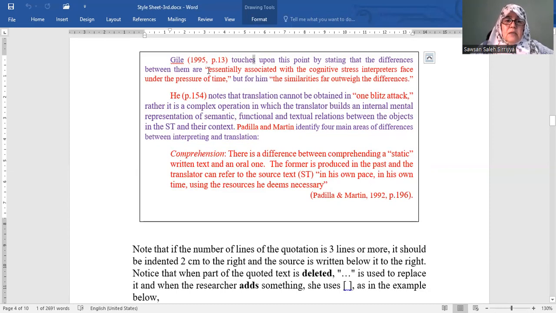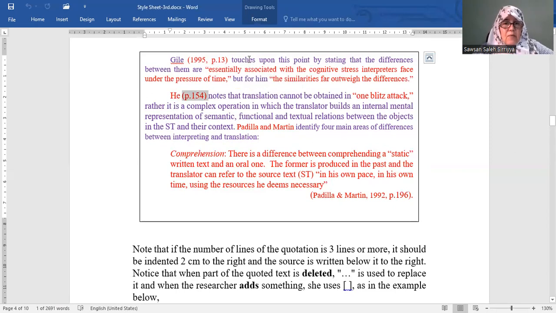Essentially, you see, this is the quotation. But for him, notice I use him. This is a pronoun to refer to Jael. The similarities are far away, etc. Far outweigh the differences. He, notice I'm talking about Jael. And I use the page number. I don't need to repeat 1992.